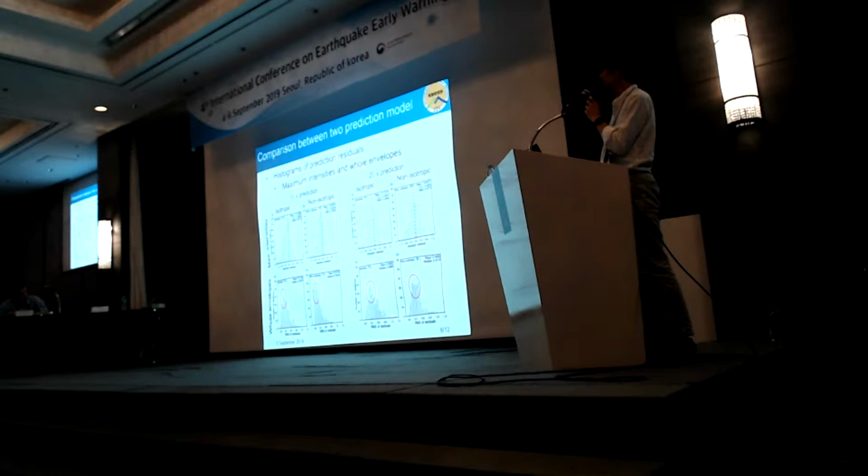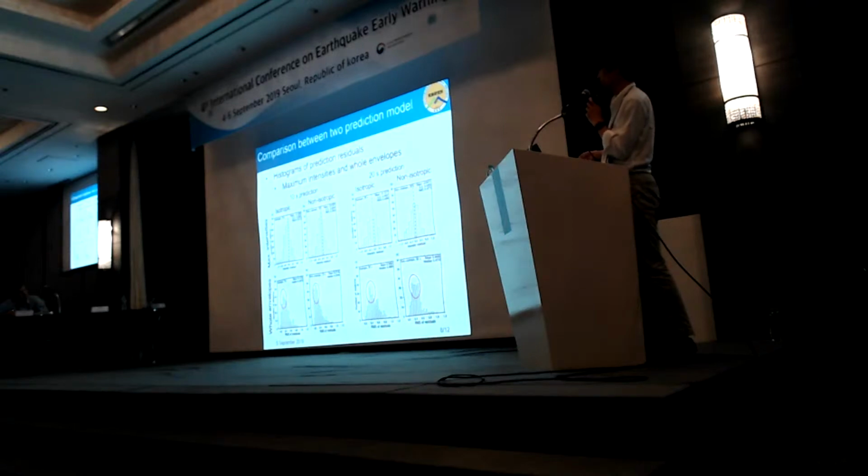So we show the histograms of prediction residuals. The upper panel shows the residuals of maximum intensity, and the lower the root mean squared residuals of whole seismogram envelopes. Left is the 10-second and right the 20-second prediction cases.